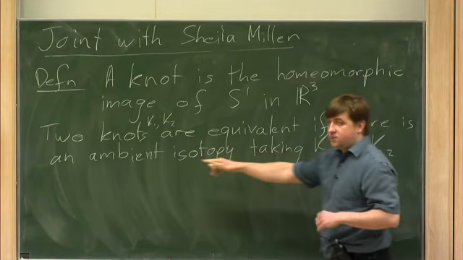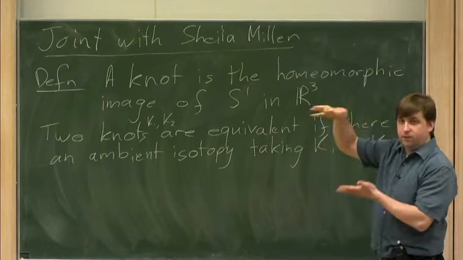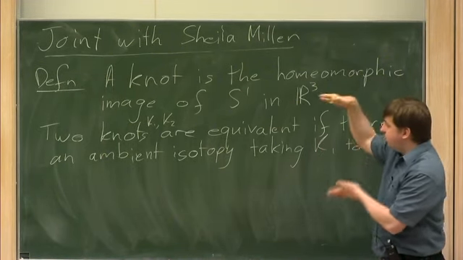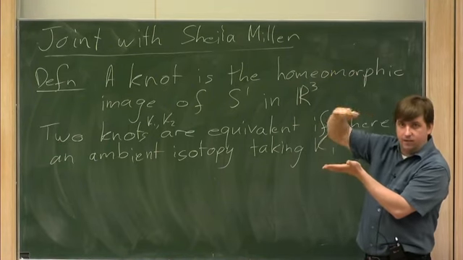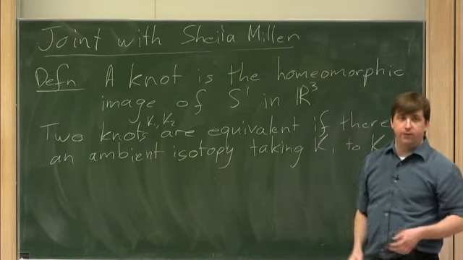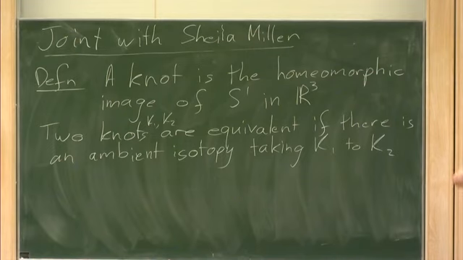What does ambient isotopy mean? That means there's a deformation of the space that's homotopic to just the identity, where each slice of that homotopy is a homeomorphism. The details don't matter for our purposes. Just think of it as the natural idea of two knots being the same up to squishing them, deforming the pieces of rope. So that's a nice, reasonable definition of a knot, you would think.